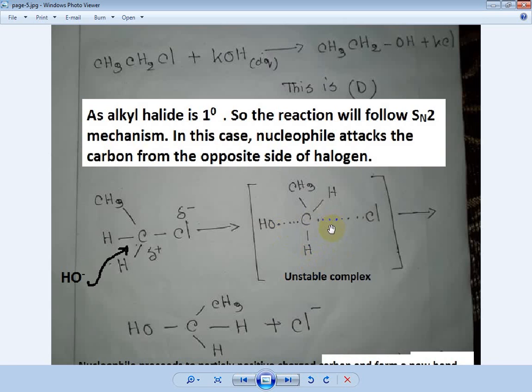Here the concentration of the alkyl halide and also the nucleophile matter. So the SN2 reaction depends on the concentration and nature of the nucleophile, but the SN1 reaction does not.